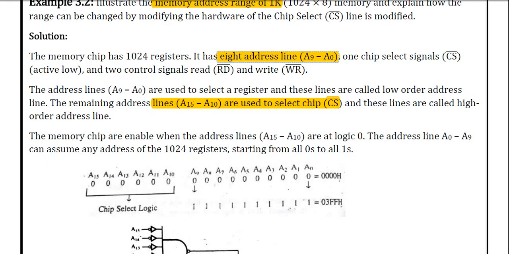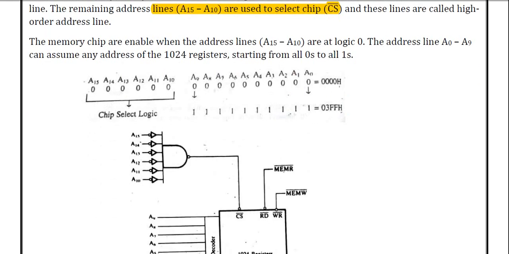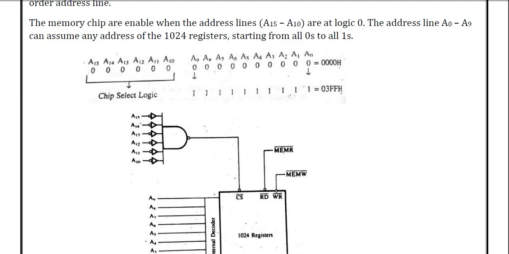That is why we have only one chip selection and two control signals, read and write, and the remaining address lines are from A10 to A15. Here the starting position is 0000, that's why we have 16 consecutive zeros, and the highest range can be all ones from A9 to A0.